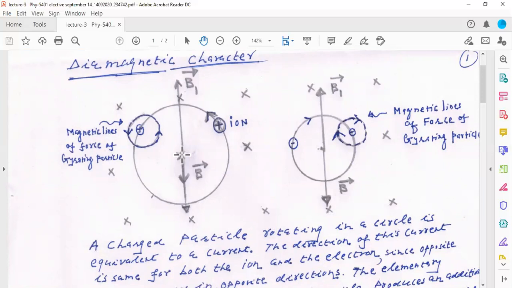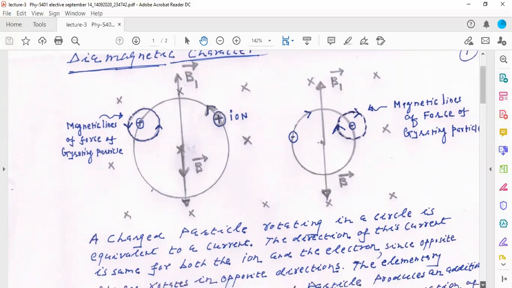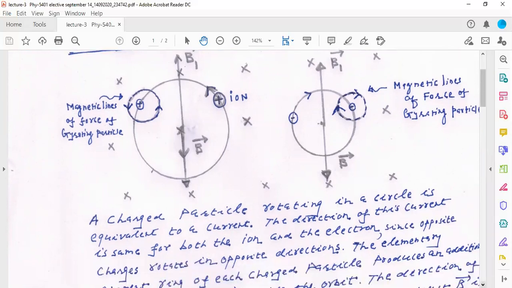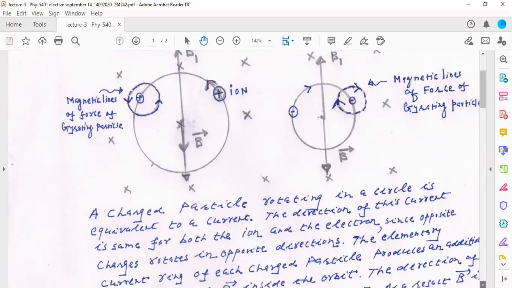The magnetic moment vector is exactly opposite to the applied magnetic field here. The screw is moving in a forward direction, coming normally outward from the plane of the paper. So we can say that the direction of the magnetic moment is, in this case, opposite to the applied magnetic field.